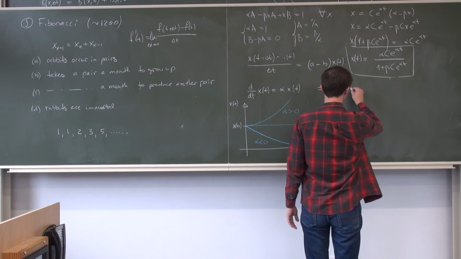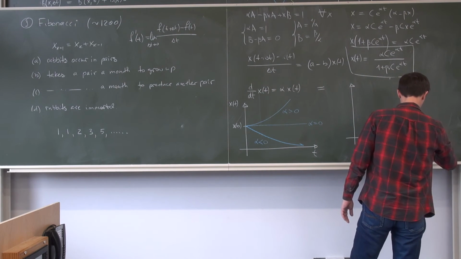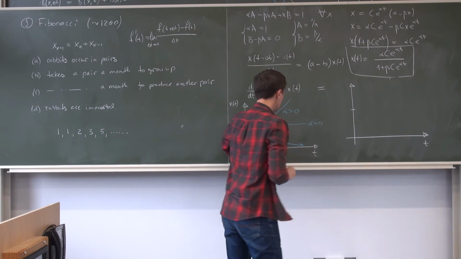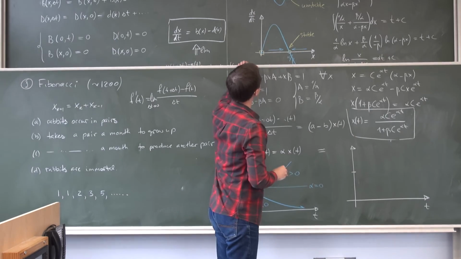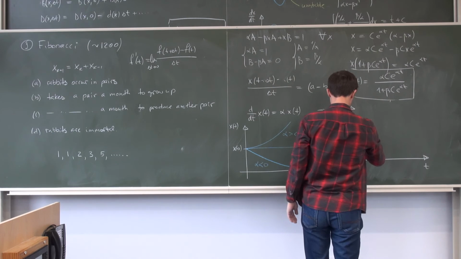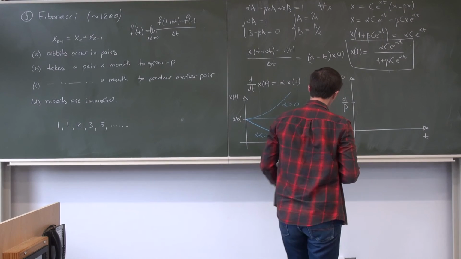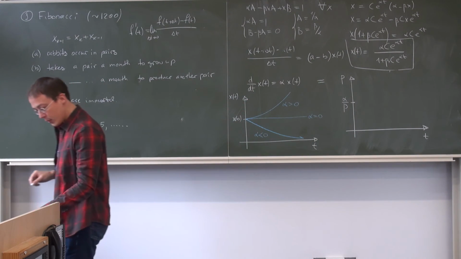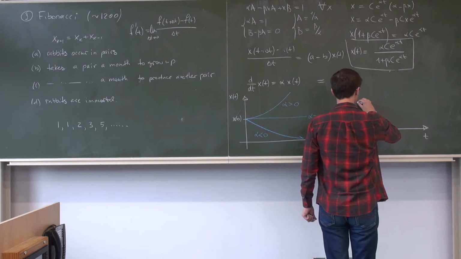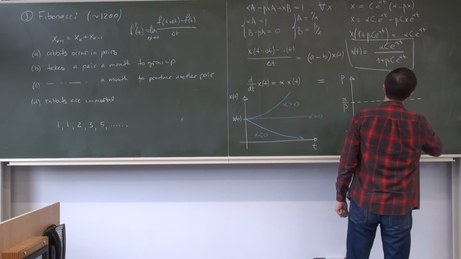That's population, and that is time, and this is our ecological niche capacity that we have there, alpha over beta. What would happen if we start our dynamics below this niche capacity? Well, as you've seen from the phase diagram, the population grows.